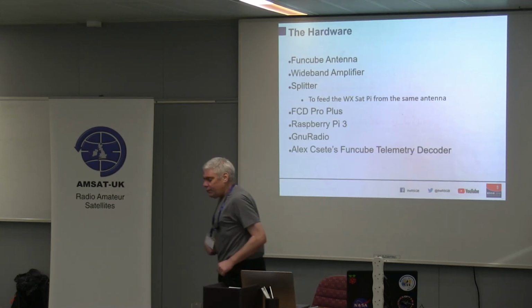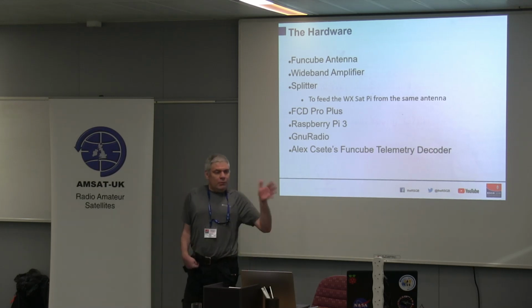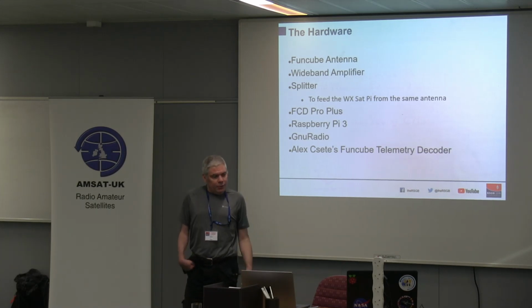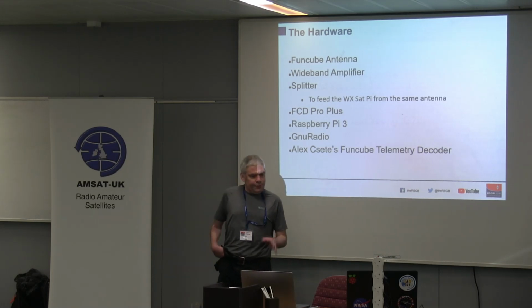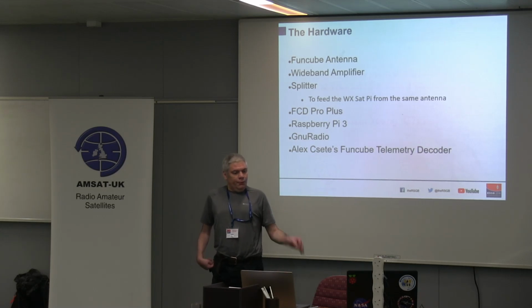So, for the hardware, FUNcube antenna, a turnstile, a wideband amplifier, a splitter. Now, what do we use the splitter for? To feed an extra Pi from the same antenna, so we can do two things at once.